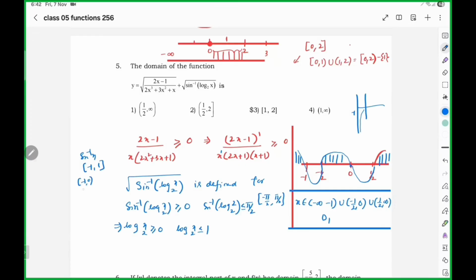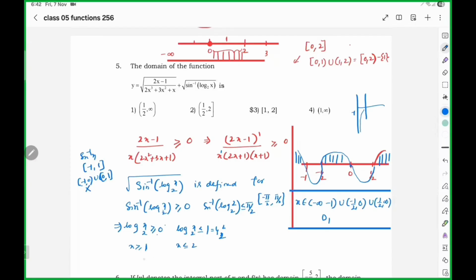I cannot take minus 1 to 0; I am allowed to take only 0 to 1, because sine inverse of a negative will be negative. It can't be greater than 0. So here it is 0. I can write log 1 to the base 2, x greater than 1. Here it is 1, I can write log 2 to the base 2.